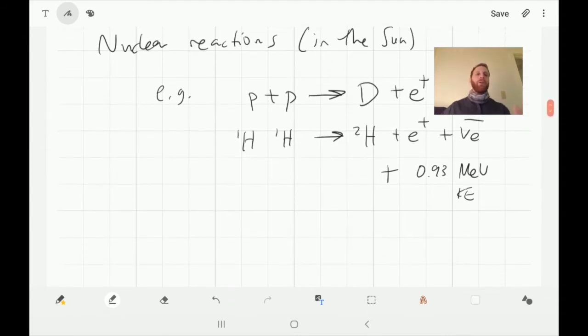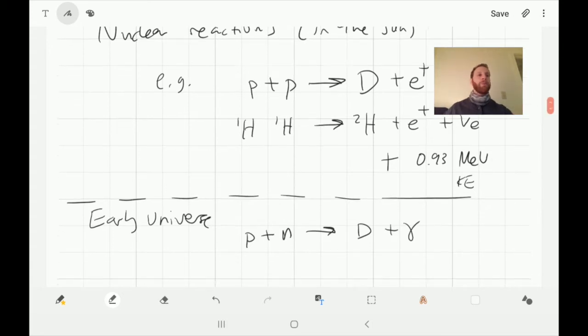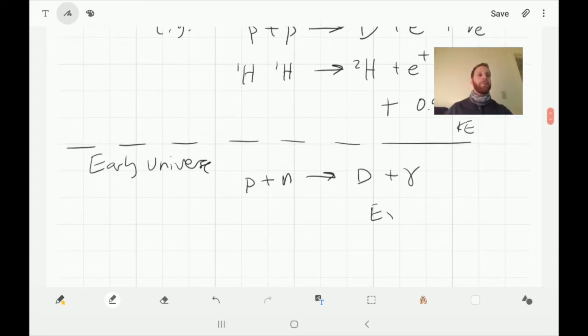But what can occur in the early universe would be a type of reaction like this. A proton and a neutron come together, because at early enough times there are free neutrons floating around, and this could form a deuterium. It is also an exothermic reaction: a photon is emitted in the process, where the photon energy is called the binding energy of deuterium. I'm going to call it Q, and this has a value of about 2.2 MeV.